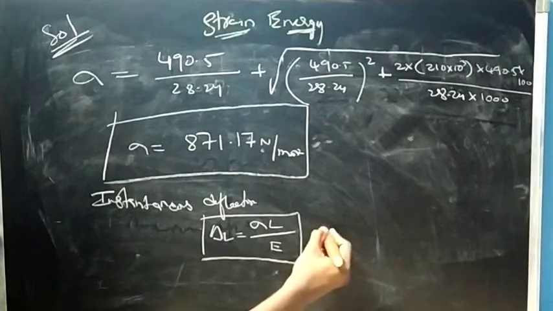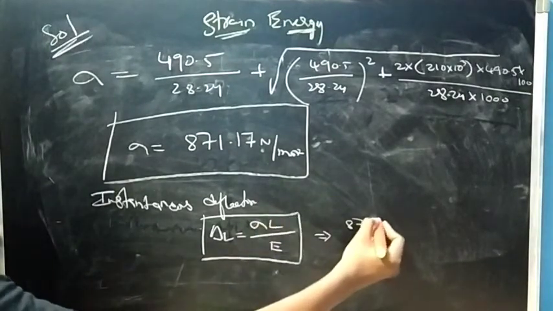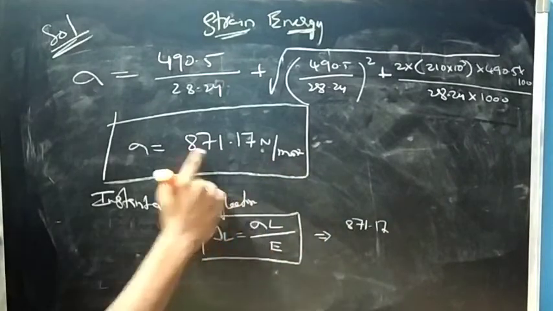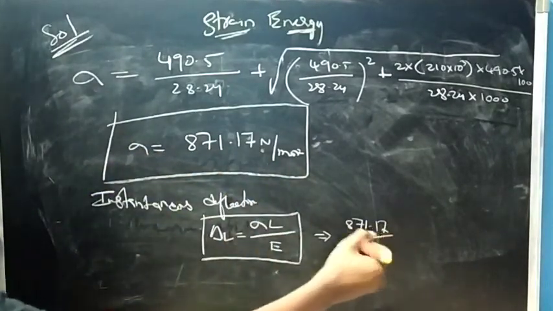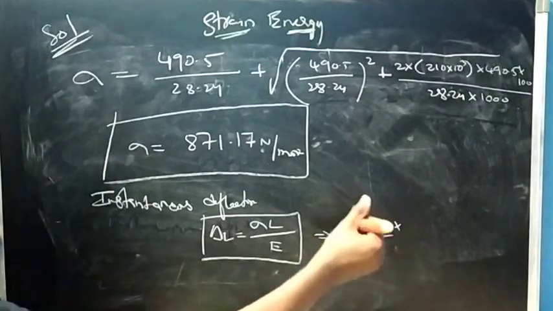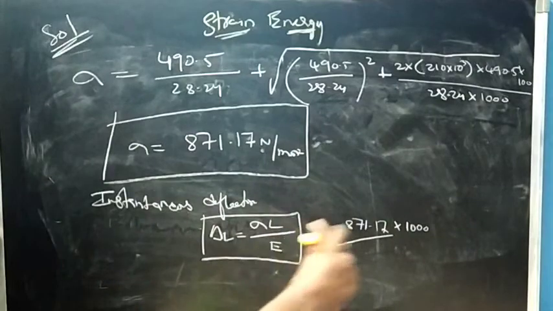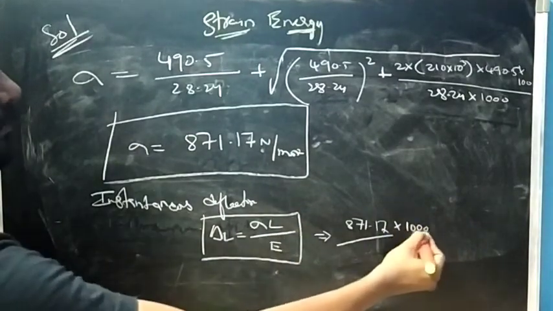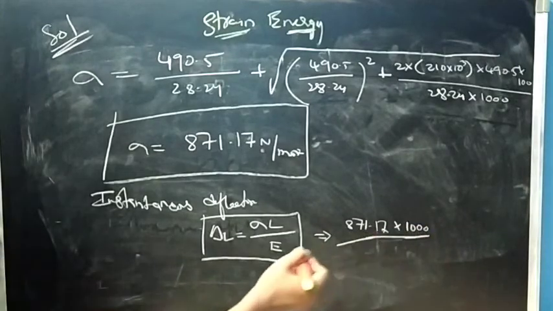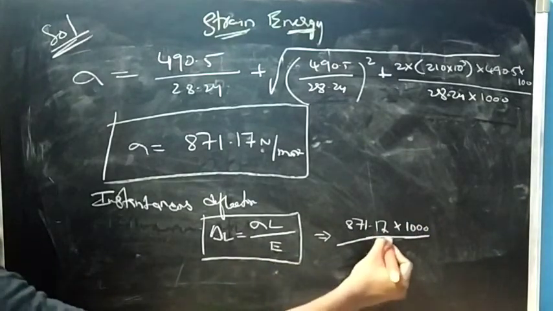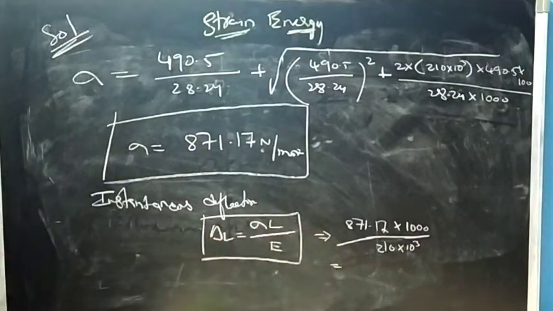From this we'll get 871.17, so we got the sigma here, multiplied by length 10 to the power of 3 or 1000, upon Young's modulus, that is 210 multiplied by 10 to the power of 3, right?